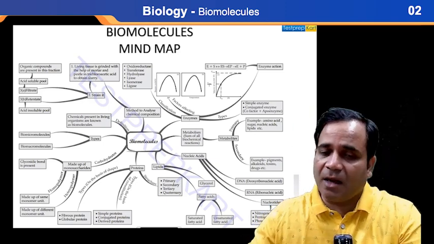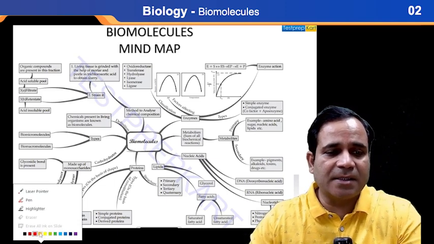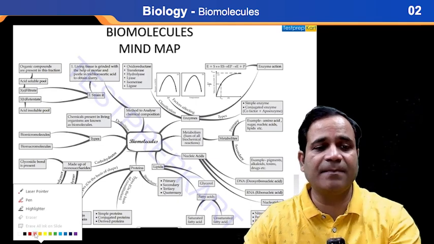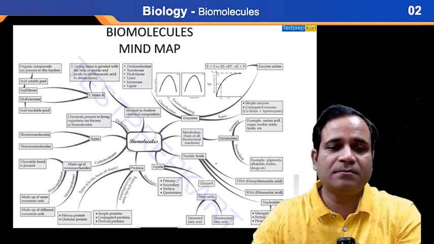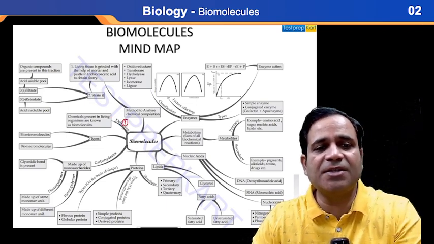So see how we start this mind map. The question is, how do we start? We start from the definition.